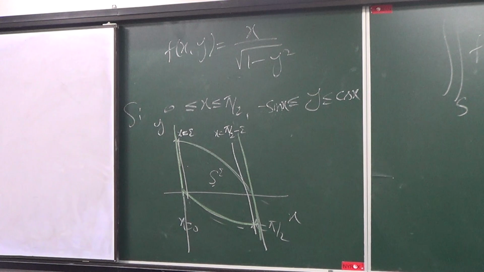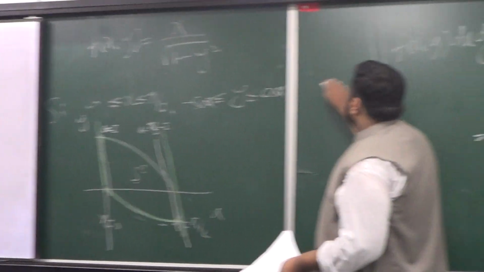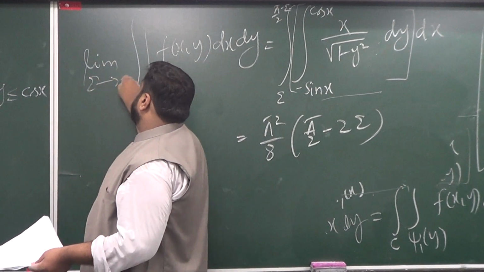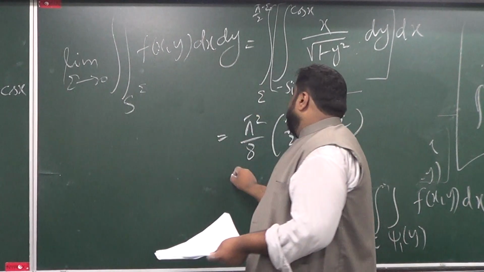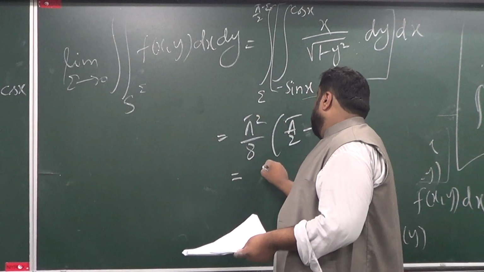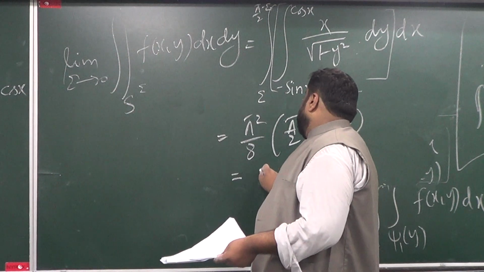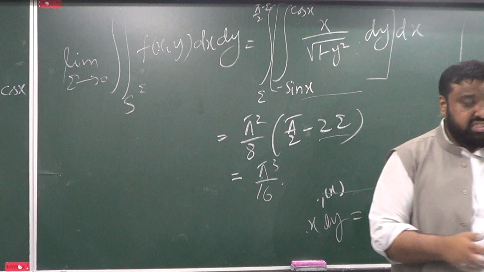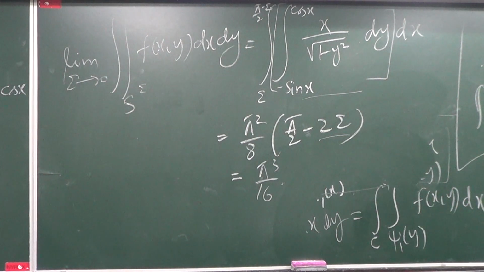This is the outcome of those two integrals. If you want to turn this S epsilon integral into the S integral, you need to take the limit epsilon goes to 0. That gets rid of this term and gives pi cubed by 16, which will be the volume under the surface.